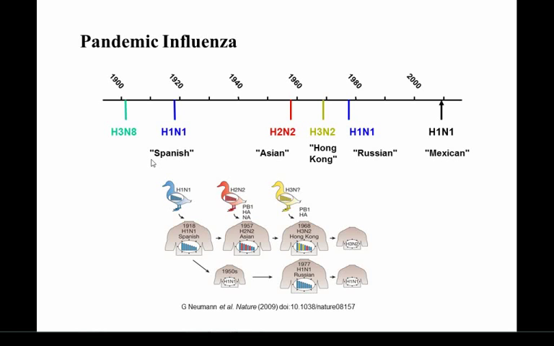More people than were killed in the First World War. And this virus had maybe a 5% case fatality rate. So a lot of otherwise healthy young adults were getting killed by this virus. So where do these pandemic viruses come from?